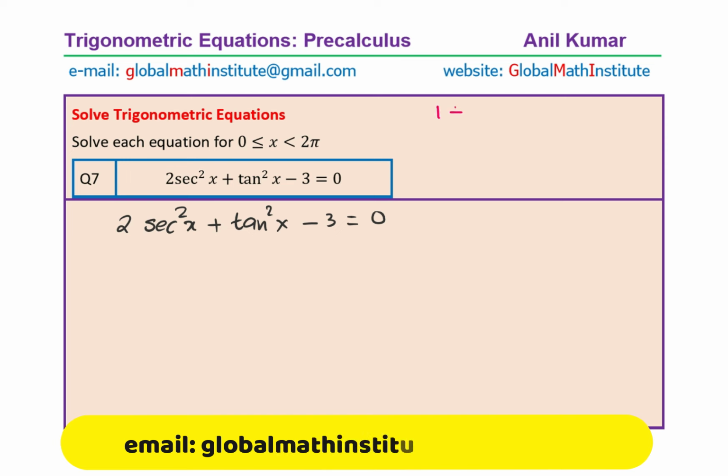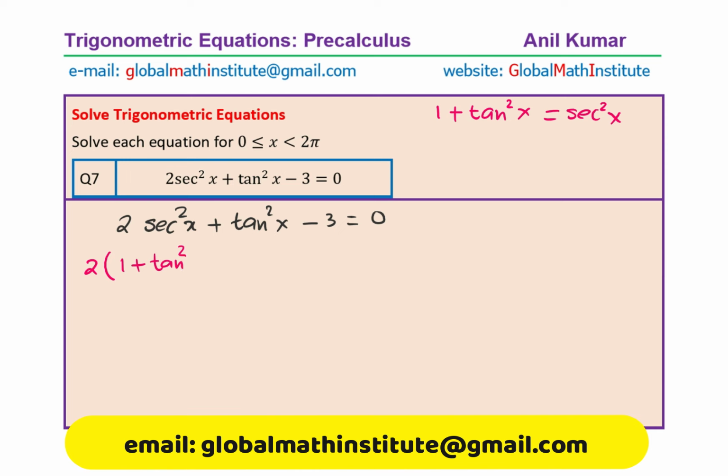As you know, what is 1 plus tan square x? Well, 1 plus tan square x is secant square x. So we can replace secant square with 1 plus tan square. So we can write this as 2 times 1 plus tan square x, plus tan square x, minus 3 equals to 0.